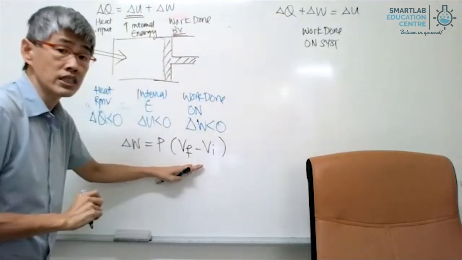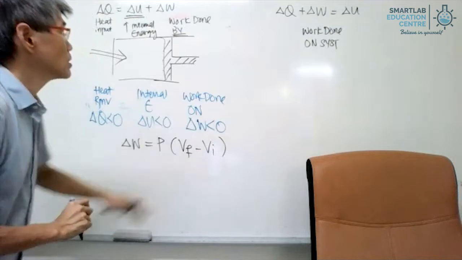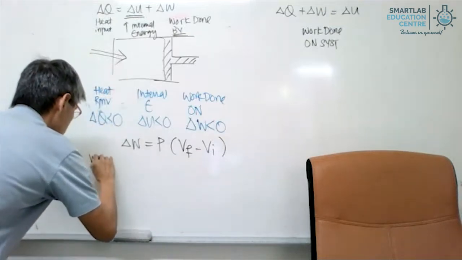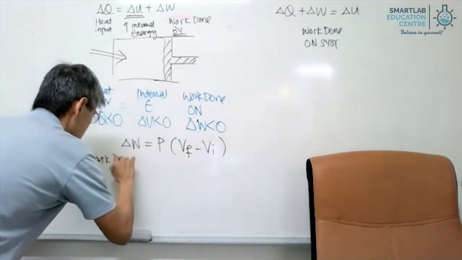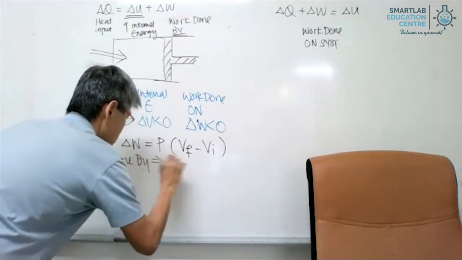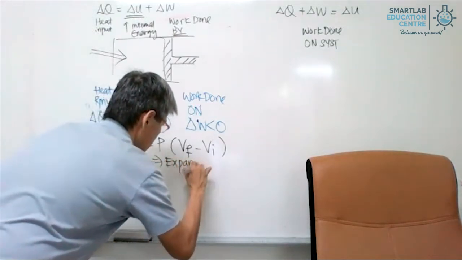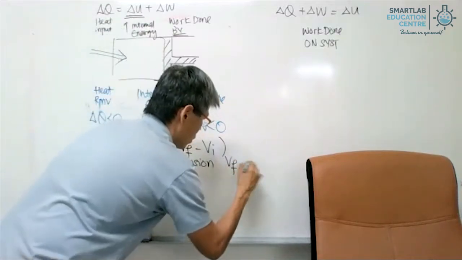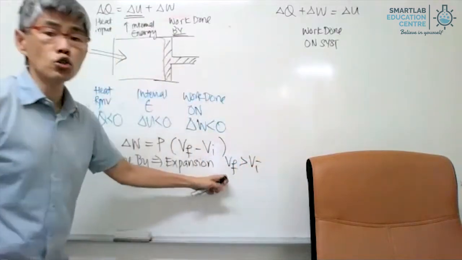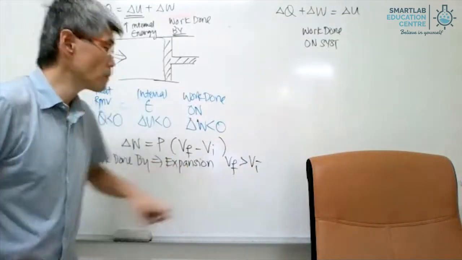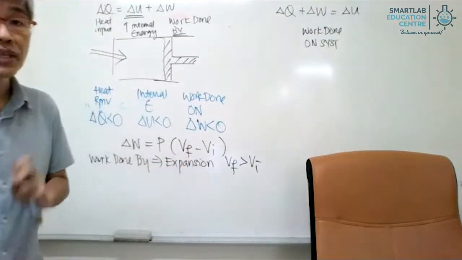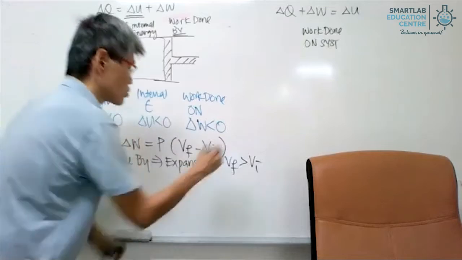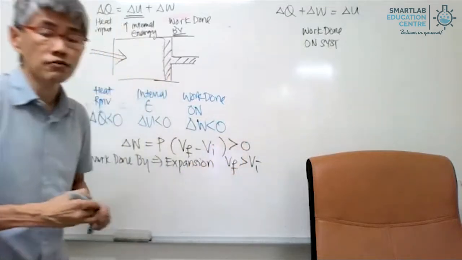So this naturally will be positive. So if it's work done by the system, we expect there to be expansion, correct? So if there's expansion, your final volume will definitely be higher than your initial volume. So in the end your change in W is positive.